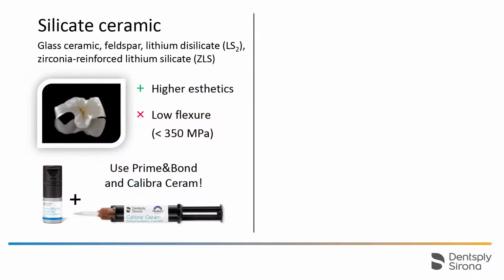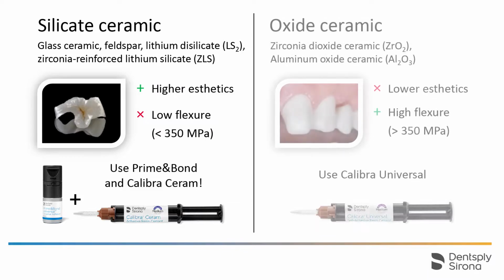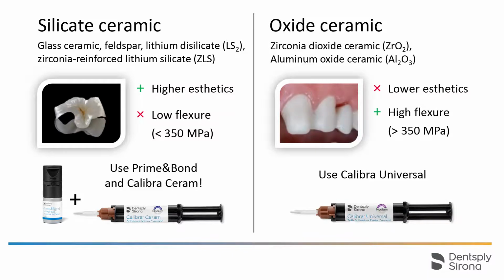Silicate ceramics are popular due to their outstanding aesthetic properties. They are mainly used for restoration of single teeth. Unfortunately, they are mainly brittle and therefore fracture easily. For this reason, they must be cemented using an adhesive resin cement. Oxide ceramics, in contrast, are exceptionally fracture resistant and thus are used as a base material for FPD frameworks.